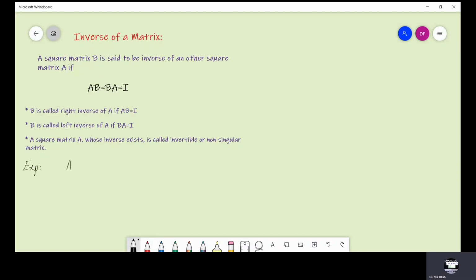We have a matrix A, 1, 0, 3, 2, 4, 1, 1, 3, 0.